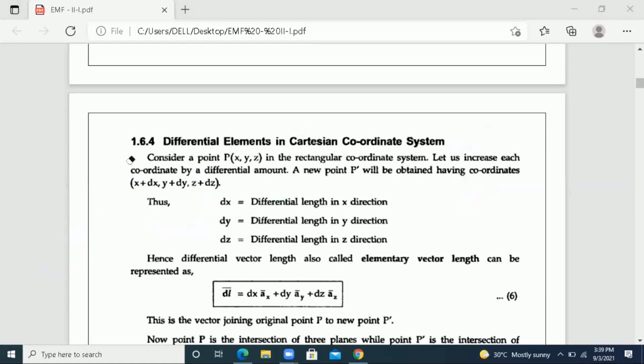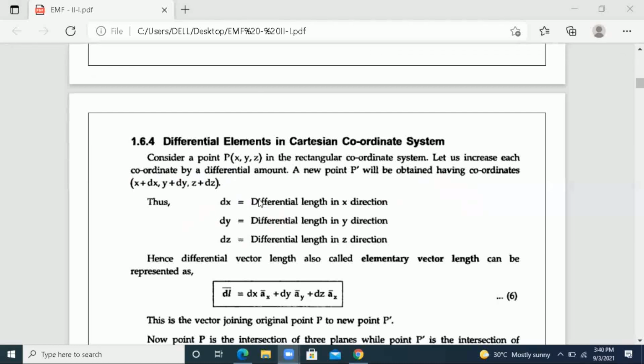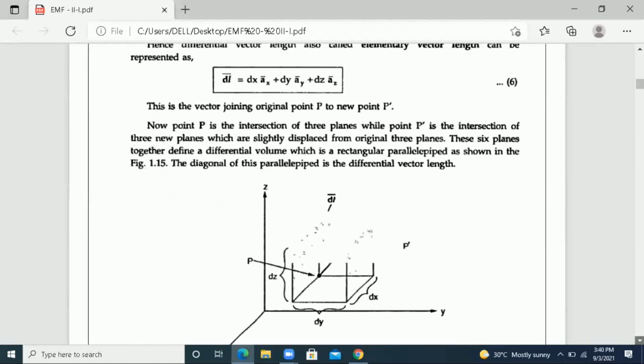Which I honestly think is an injustice. You go to class and they just throw down a number of formulas and say, go study that and practice that, without having an understanding of where they come from. All right, so we're going to do differential elements, but I think I want to stop there today.